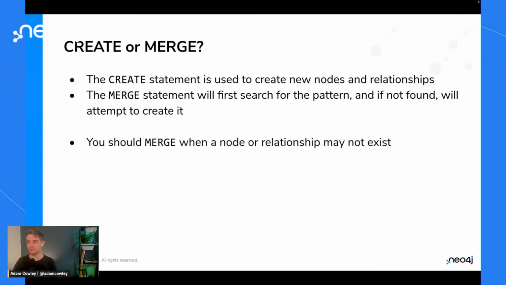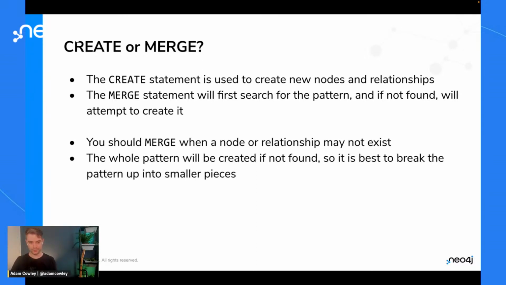So the idea is you would use a merge statement when a node or relationship may exist in the database, or may not, or where you want to eliminate the duplication of data. What the merge statement will do is try to find the whole pattern.